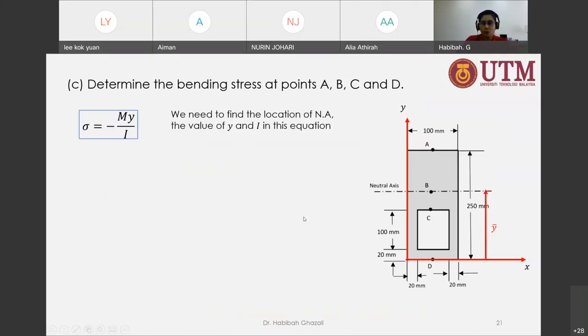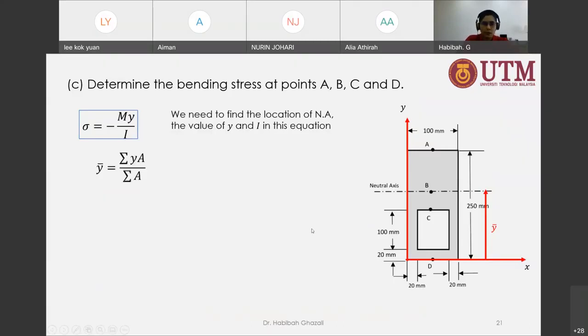Now I need to find the Y bar here. Y bar is the distance from the base of that beam to the neutral axis. It will tell you the location of the neutral axis from the bottom or the base of this beam.